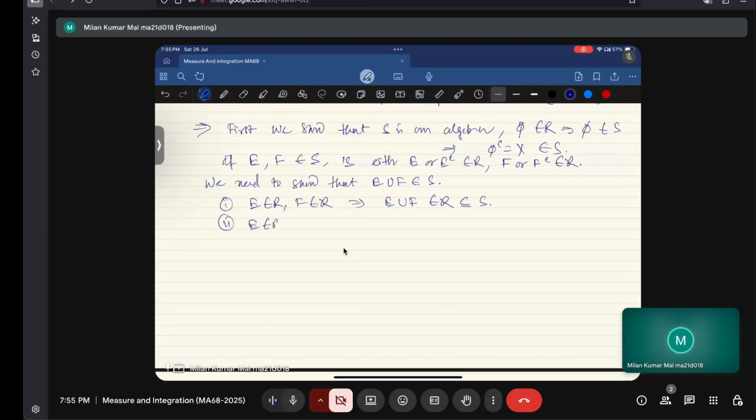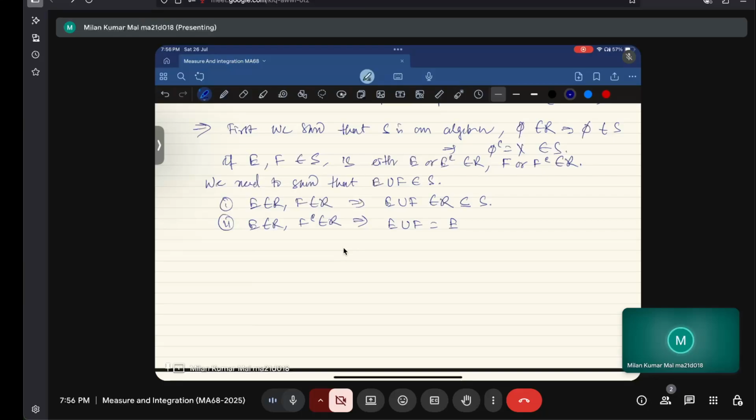Second case, E belongs to R, F complement belongs to R. In that case, I have to show E union F is there.